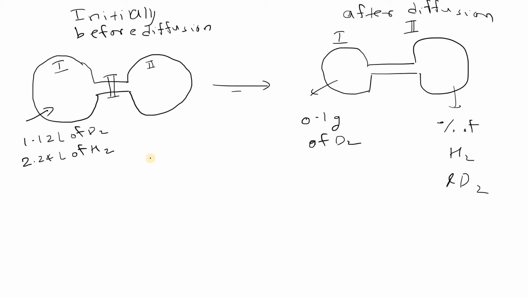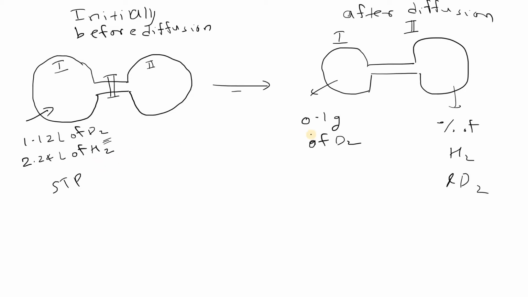The strategy for this type of question is, see, these questions are based on Graham's law of diffusion and effusion. So these two are the gases, and their volume is given at STP. We will convert this volume into moles, and then by multiplying moles by molar mass, we get the mass of D2 and the mass of H2 in the first bulb. Now we are given the mass of D2 left in the first bulb.